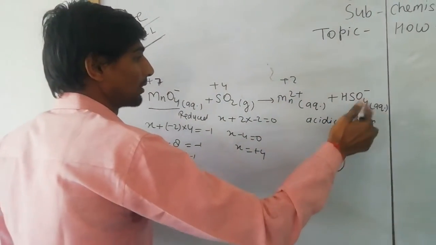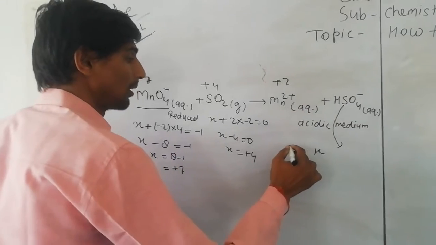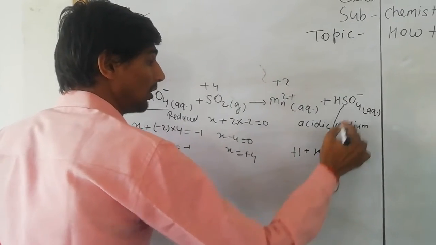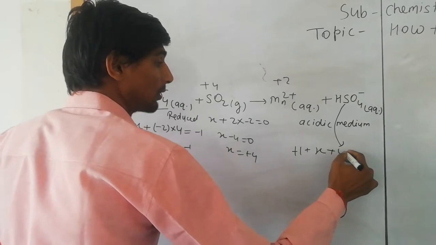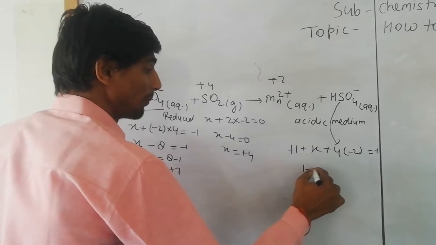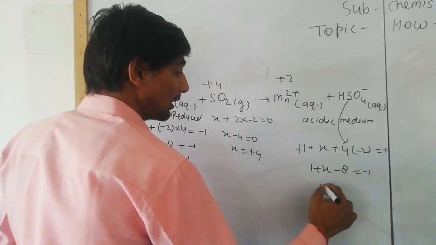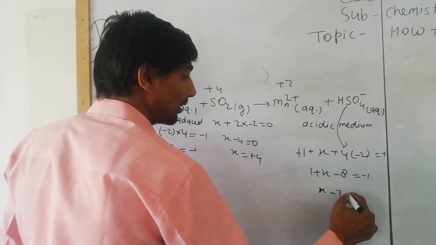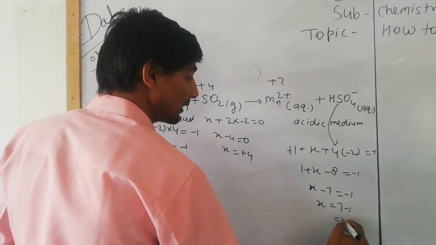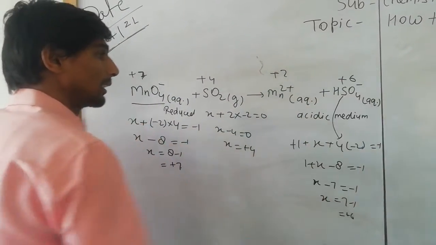Here, let the oxidation number of sulfur be x, plus the oxidation number of hydrogen, plus 1, plus the oxidation number of oxygen, -2 times 4, equal to -1. 1 plus x minus 8 is equal to -1. X minus 7 is equal to -1, so x equals 7 minus 1, which is plus 6. Here the oxidation number of sulfur is plus 6.